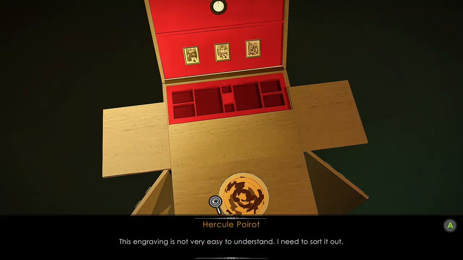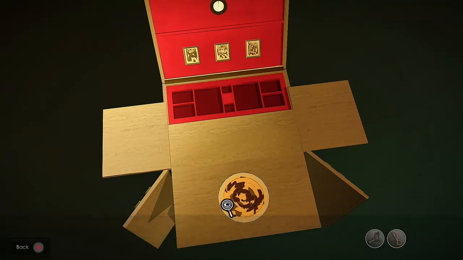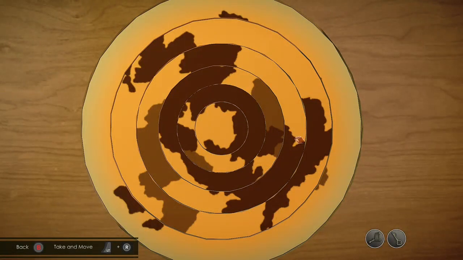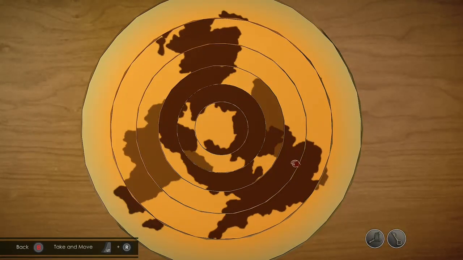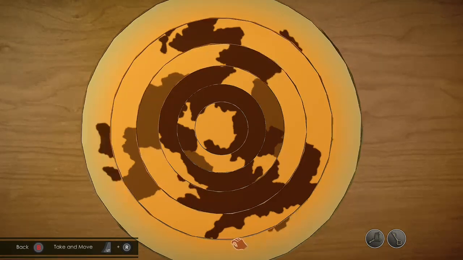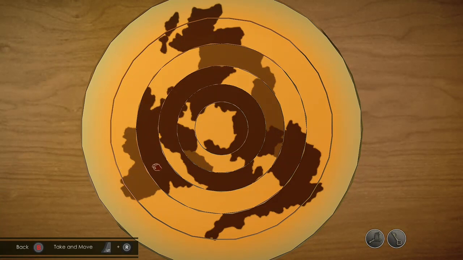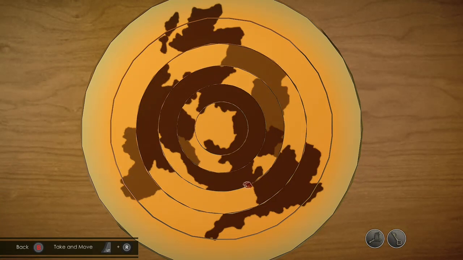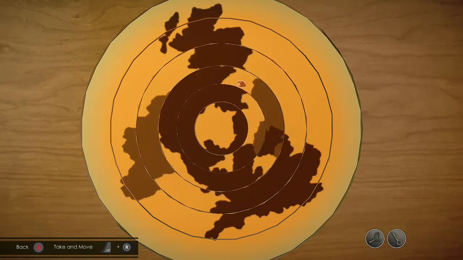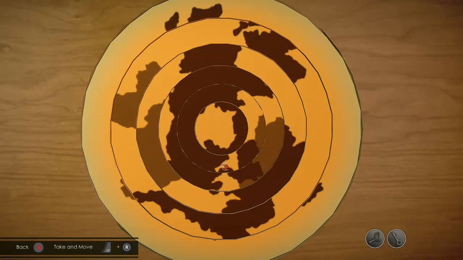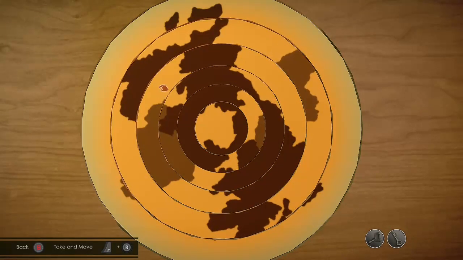This is a big desk. This engraving is freaking not very easy to understand. Okay, so. Oh, I like these types. Ooh.